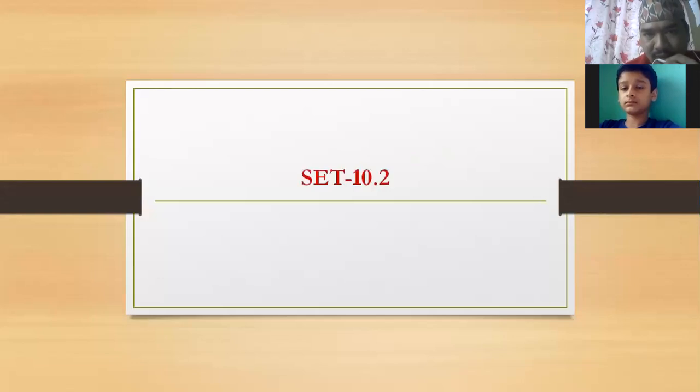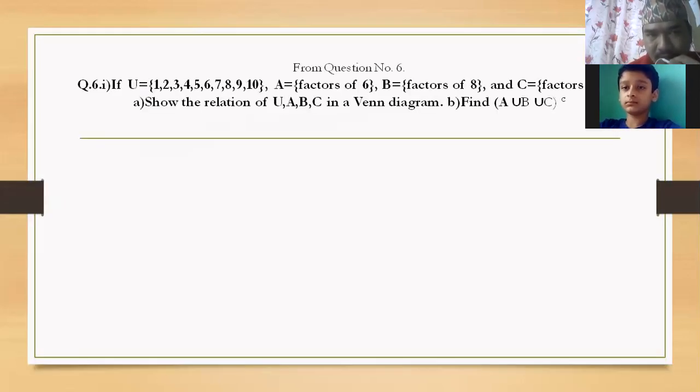That is question number 6I. In this question the universal set is given: 1, 2, 3, 4, 5, 6, 7, 8, 9, 10. Set A is the factors of 6, and factors of 6 means those numbers which can divide 6 exactly.